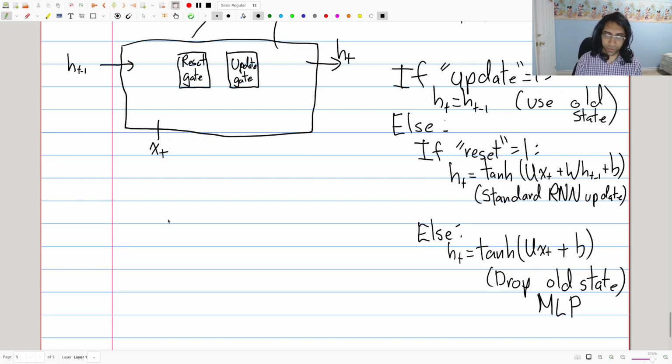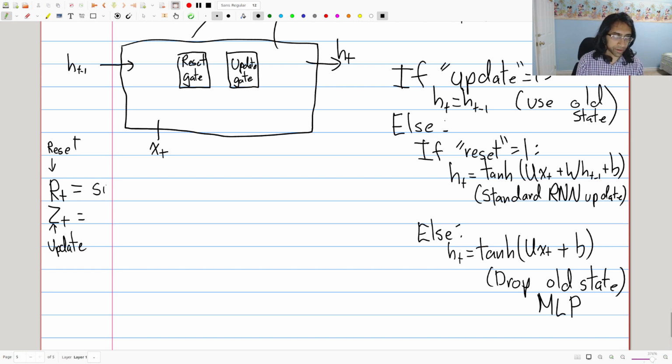I've given you a bunch of intuition now, but let's be a little bit more mathematical here. We are going to define some signals, R_t and Z_t, where this is going to be our reset, and this is going to be our update signals.